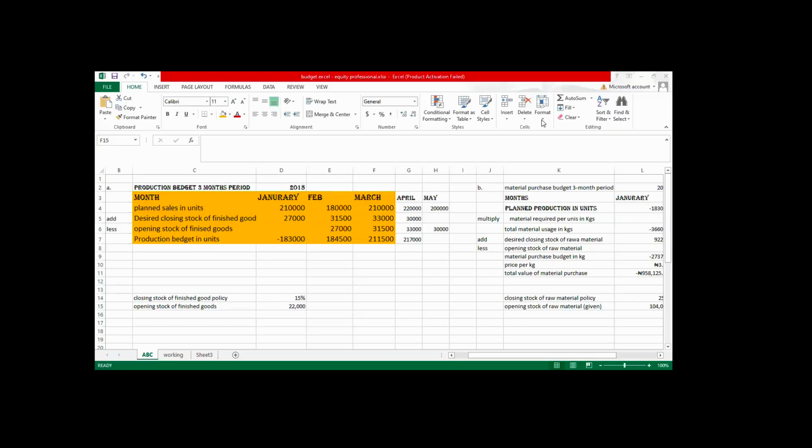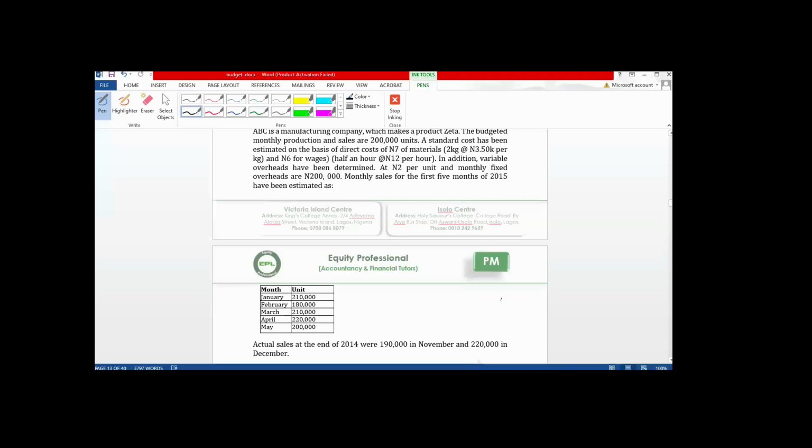Like I said, if you are to do production budgets, you are going to start with your planned sales in units. You pick your figure. Then add closing stock of finished goods. Let's go to the question. Look at the last paragraph.